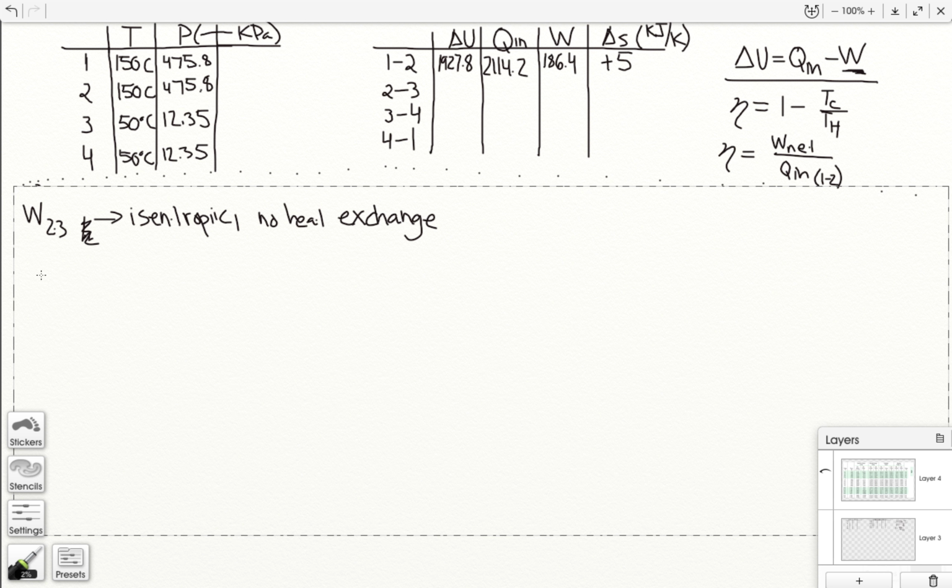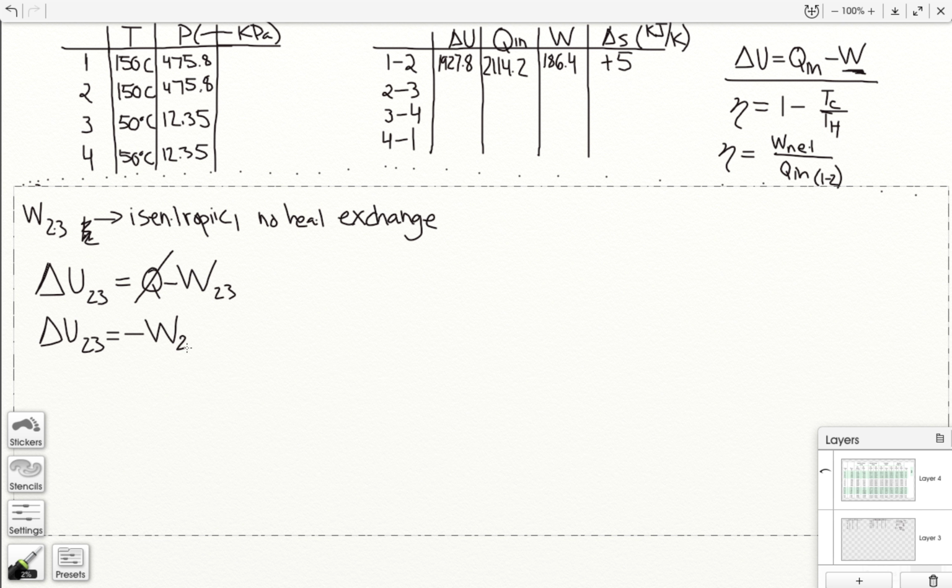So here our equation is going to be change in internal energy equals Q minus W. Here though, we don't have a Q. And so our change in internal energy from 2 to 3 will also be equal to negative of the work from 2 to 3.